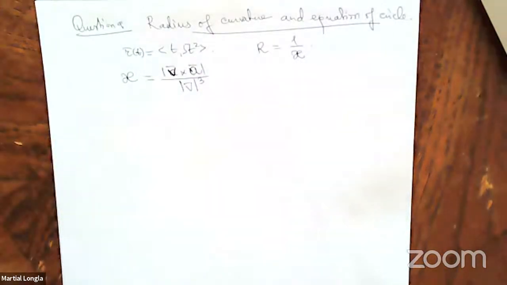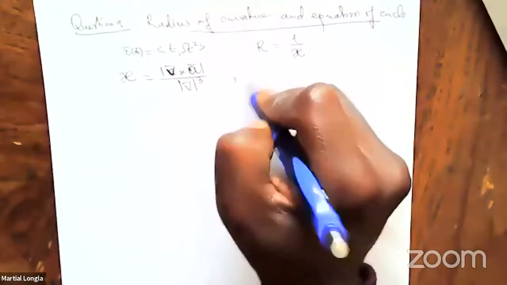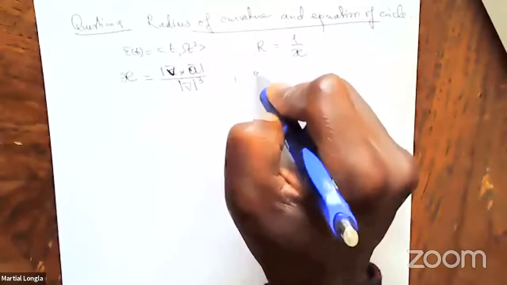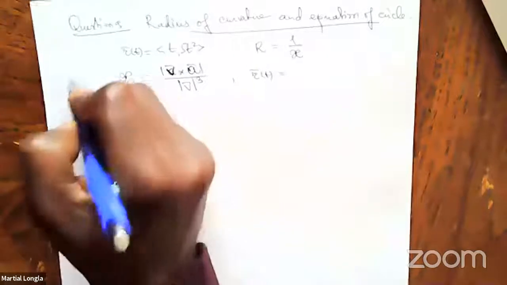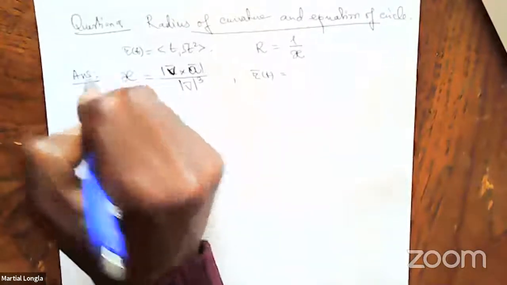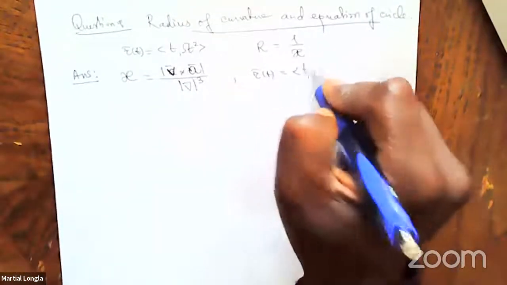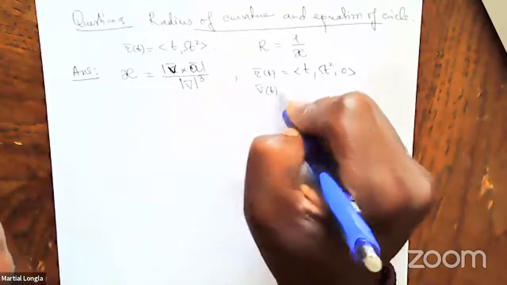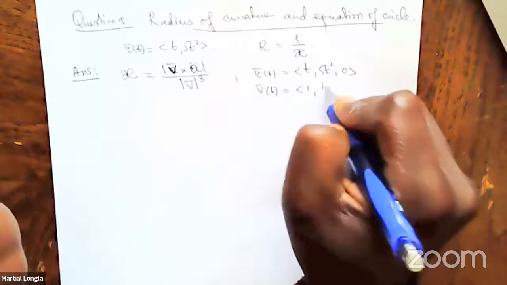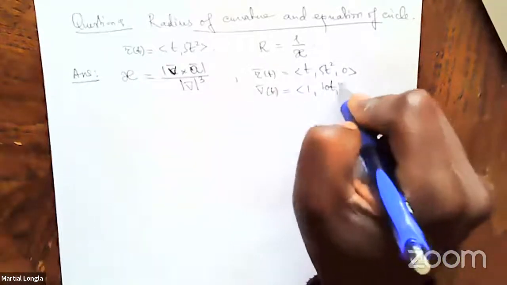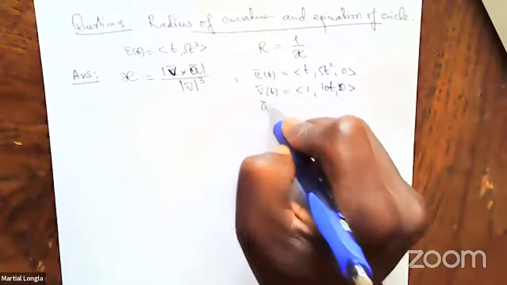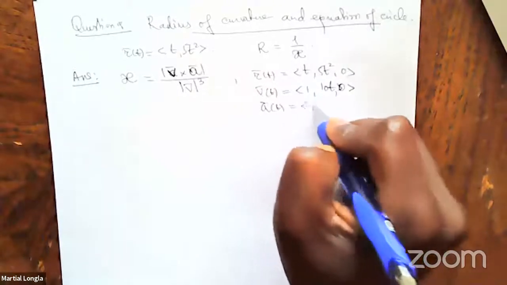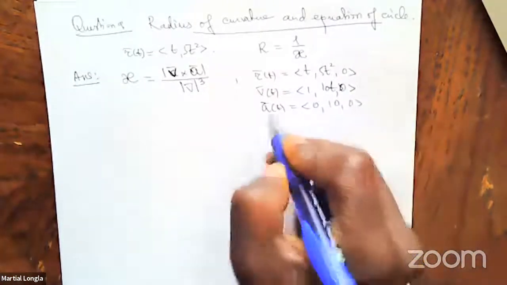You can just use that quickly. So r of t is t, 5t squared, 0. So v of t is 1, 10t, 0, and a of t is 0, 10, 0.